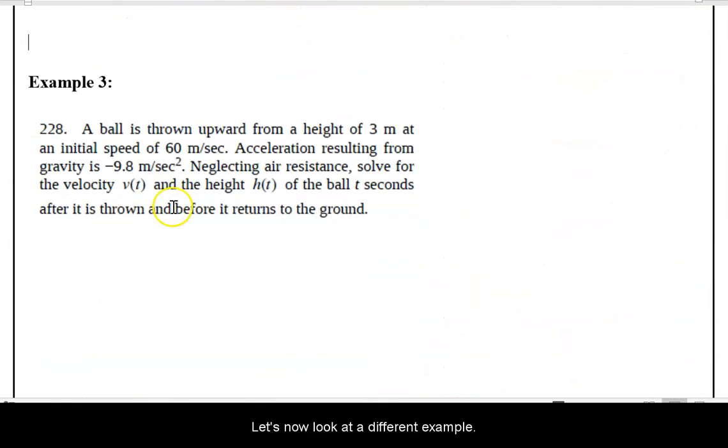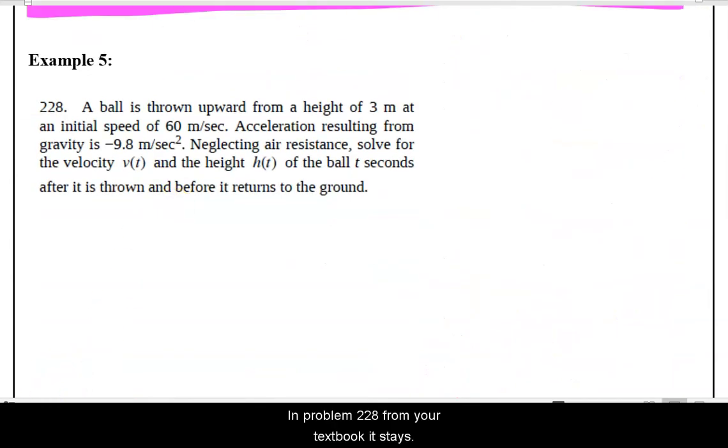Let's now look at a different example. In problem 228 from your textbook, it states, a ball is thrown upward with a height of 3 meters at an initial speed of 60 meters per second. We can assume that up is the positive direction, which would make the initial velocity positive 60 meters per second.